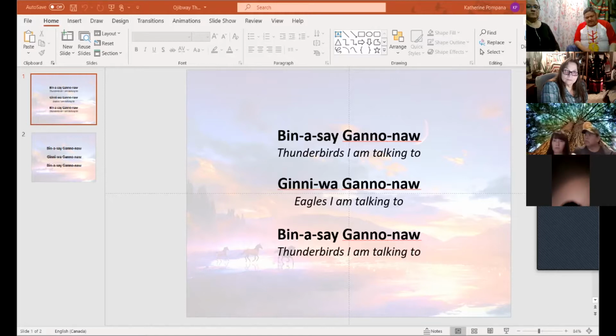You'll always have the Thunderbird on the Matigana Bay Secret Tree of Life, and it's a song that I've always felt really drawn to. My name as well has to do with the thunder, so it's kind of like my theme song.